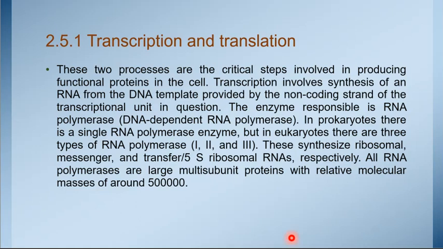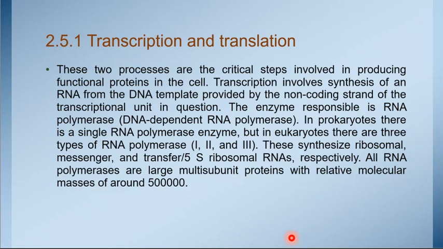So, these two processes are the critical steps involved in producing functional proteins in the cell. Transcription involves synthesis of an RNA from the DNA template provided by the non-coding strand of the transcriptional unit in question.